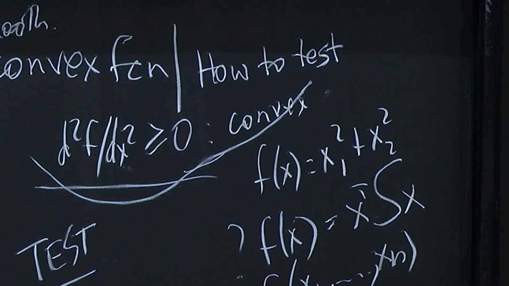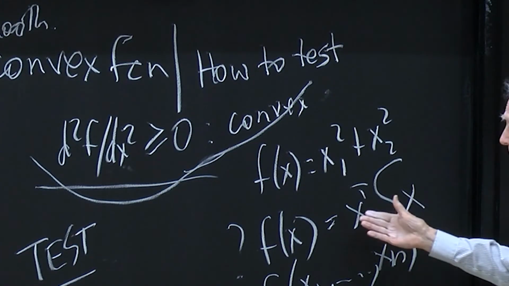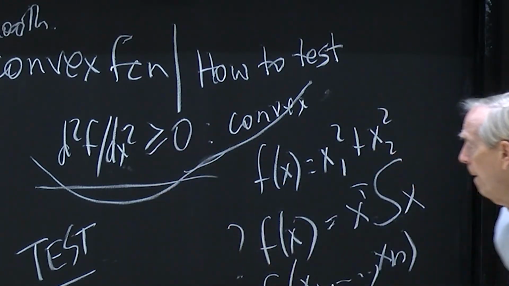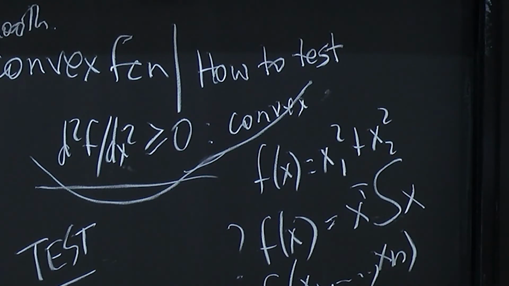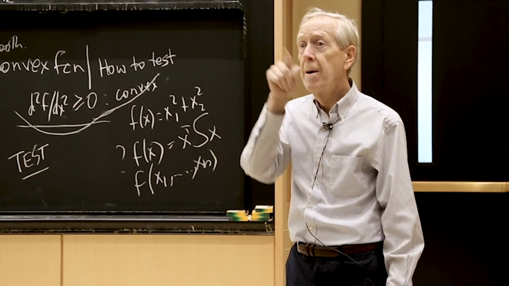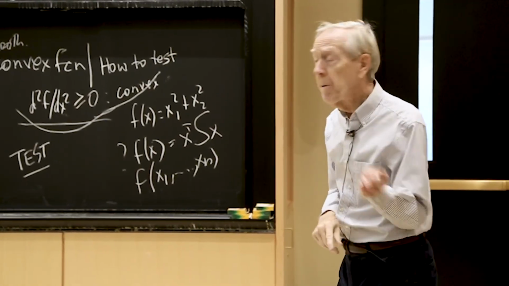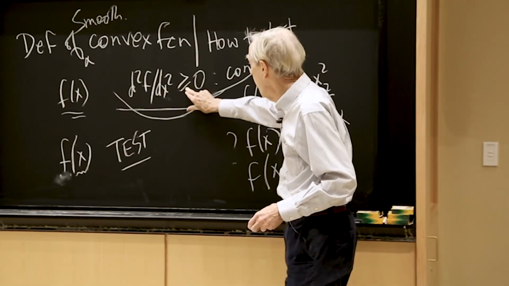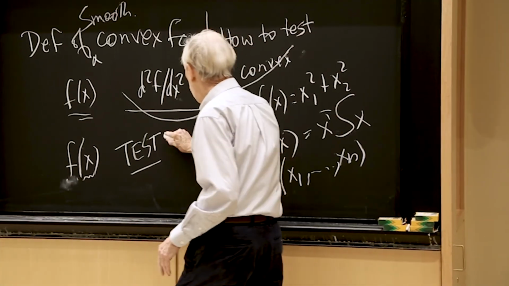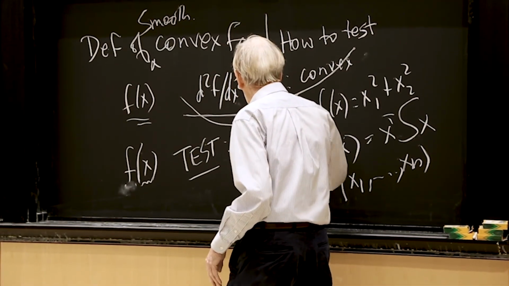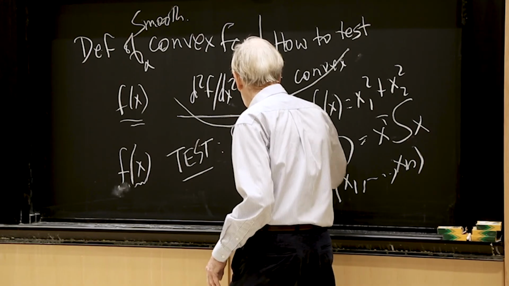And maybe it should be, okay. What's the test here? Here I have a matrix instead of a number. So what's the requirement going to be? Positive definite, or semi-definite. Or semi-definite just as here. Yeah. So the test is positive semi-definite Hessian.